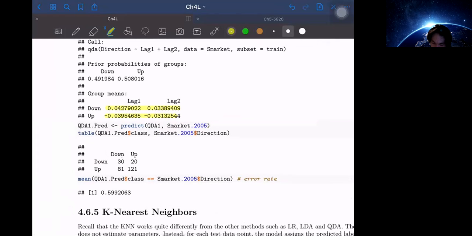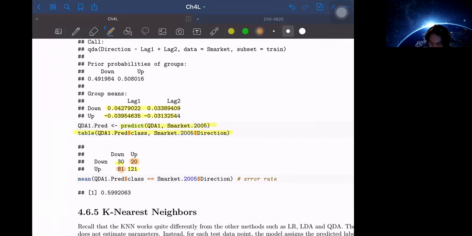Here we just do the same thing as the linear discriminant analysis: predict for the test data set and make the table. And actually we have 151 correct predictions and 20 plus 81 errors.